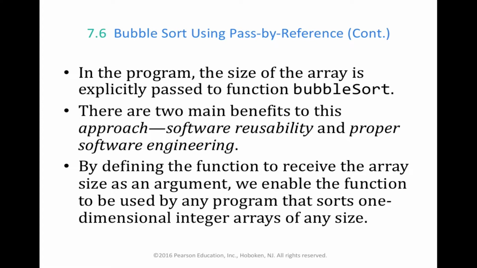By explicitly identifying what this function needs to do its job, we know what those dependencies are, and that also makes the function more usable, because we can use it anywhere where we have those two dependencies.